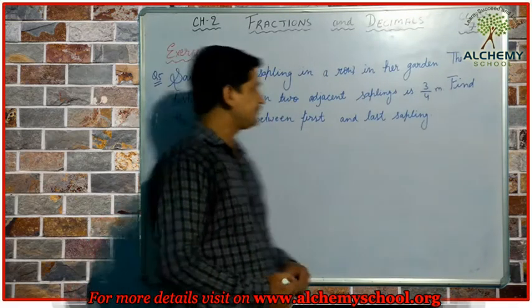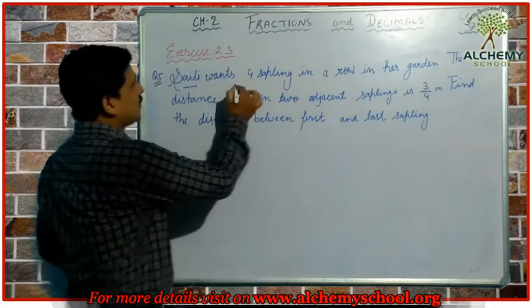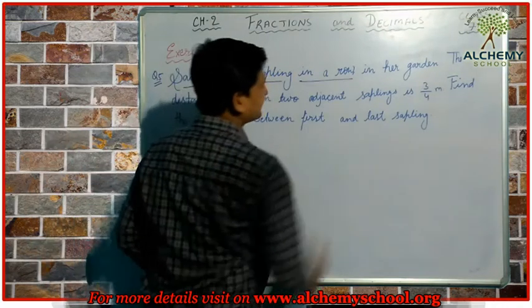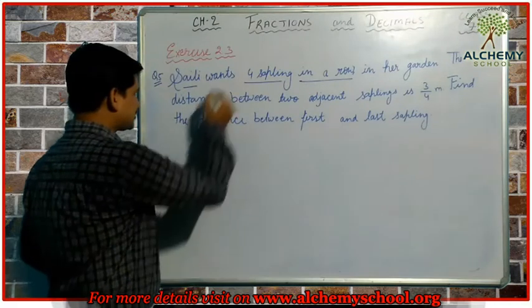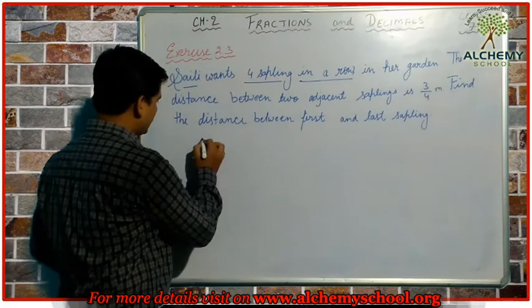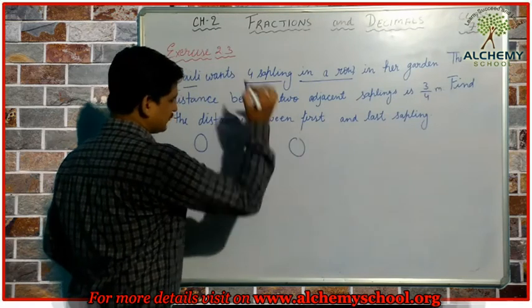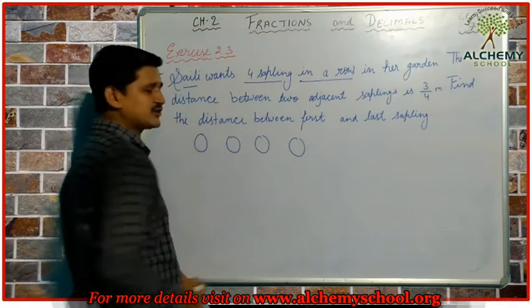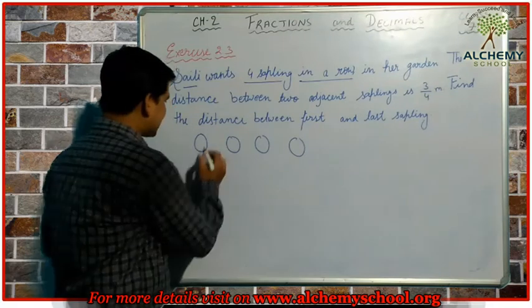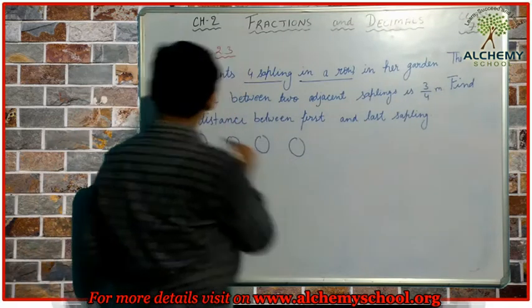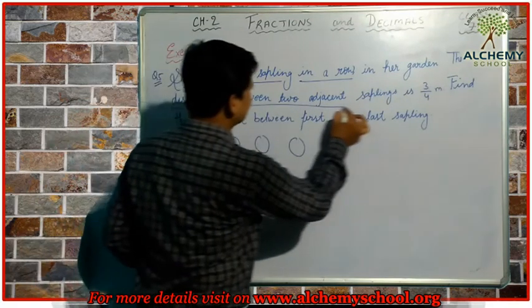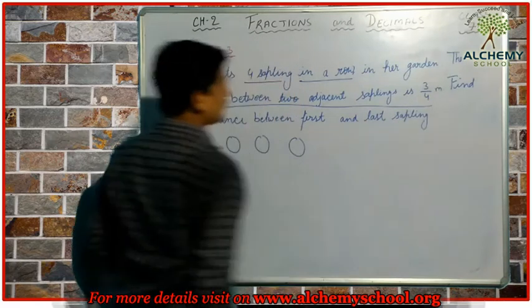Okay, so here Sally wants 4 saplings in a row. Suppose that she planted 4 saplings in a row. So 1, 2, 3 and 4. So these are the saplings she has planted in a row, and it is given here the distance between 2 adjacent saplings is 3 upon 4.